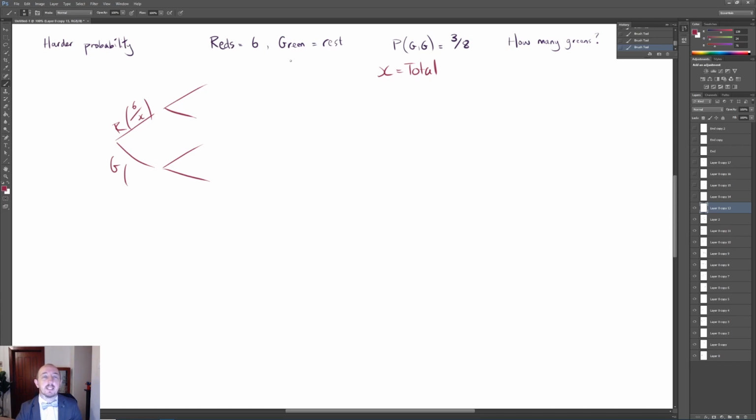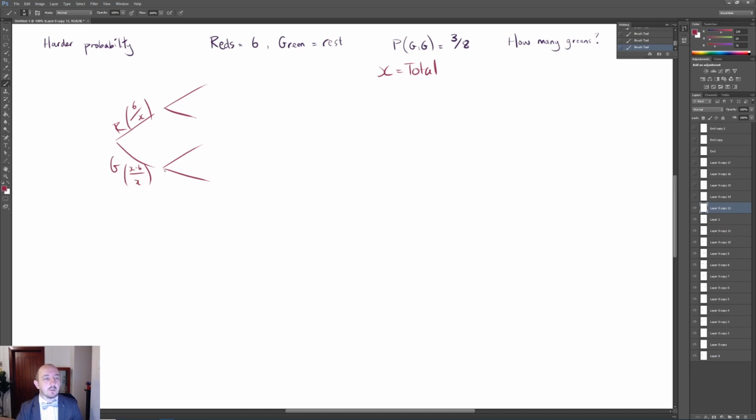So red would be 6 out of x, and green, let's say there were 20 in total, we would work out the green by saying, well, it's 20 minus 6. So we do x minus 6 for greens, because we know that there's no other counters in the bag, and we put that over x.